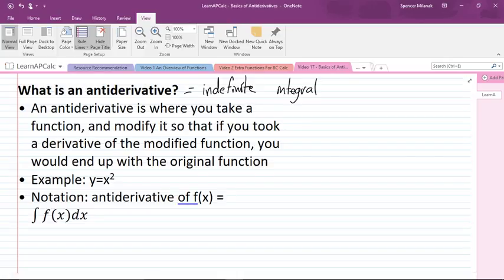This is where we take a function and modify it so that if you took the derivative of it, you would end up with the original function.